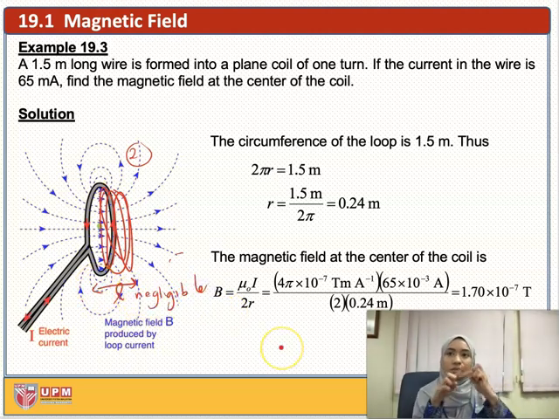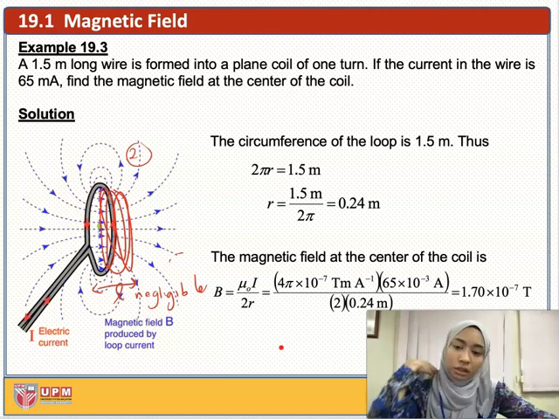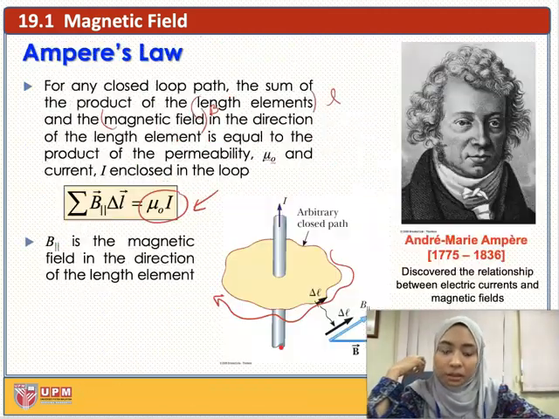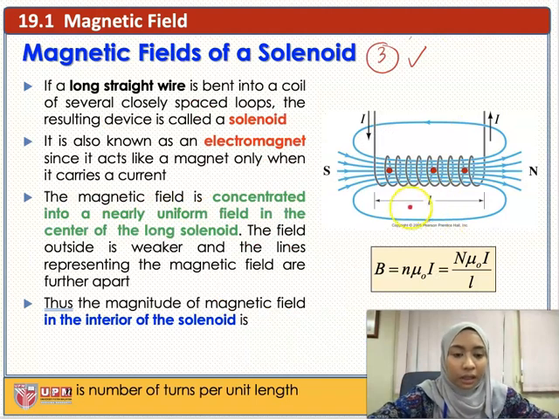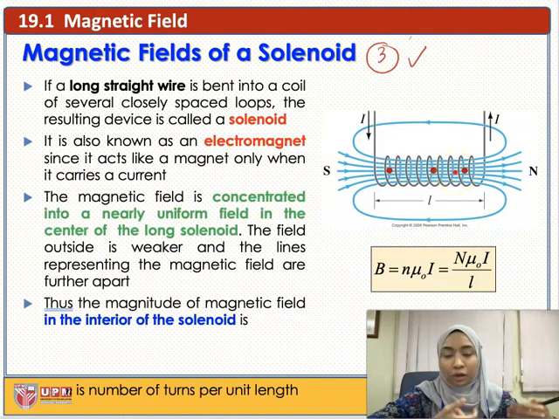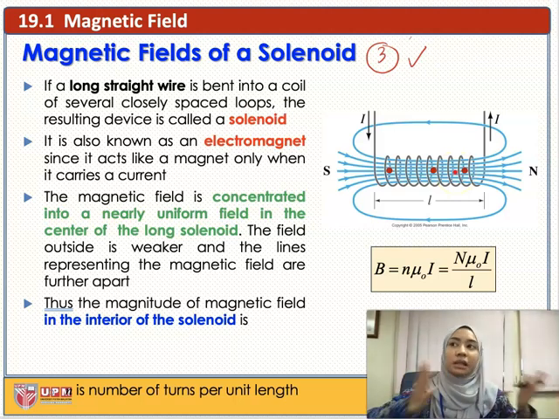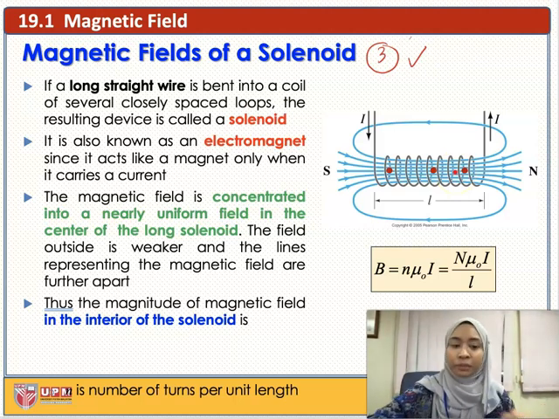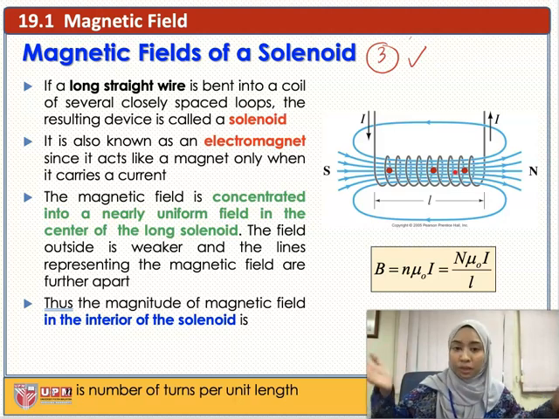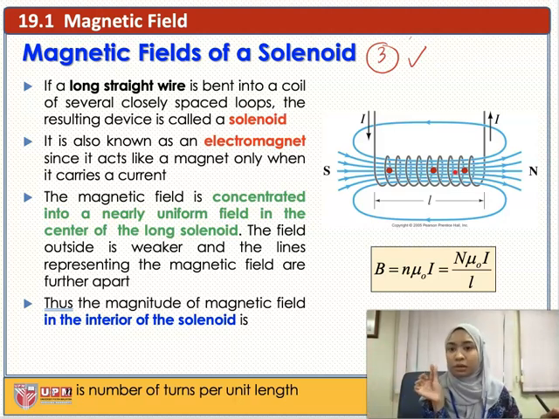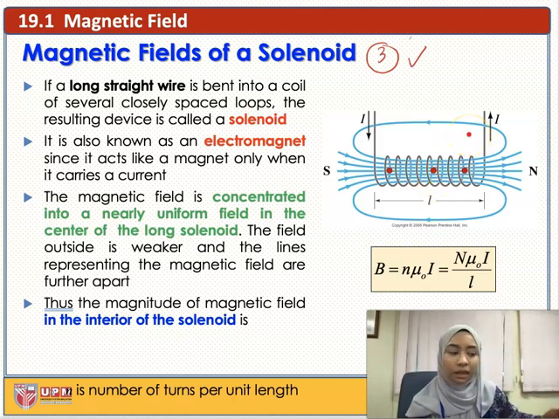Whereas for a solenoid, the L cannot be ignored because L is some length. It may be like the length of a ruler. It's a length. It's not small enough that we can ignore it. So that is the difference between a solenoid and a coil.